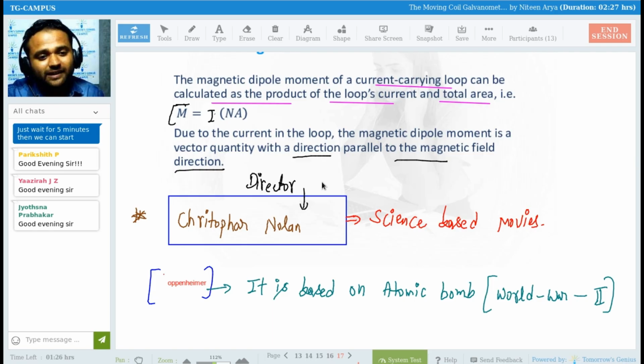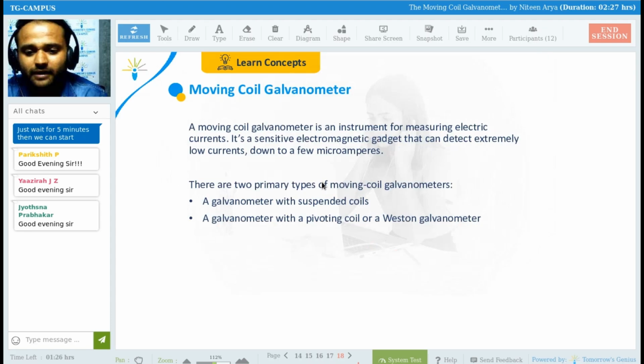If I find something in Bollywood, I can tell that also. Is this clear? If you are interested in watching movies, watch these kinds of movies too. Just passing information. After a break, we discuss this.